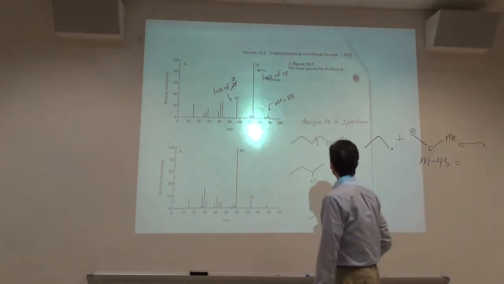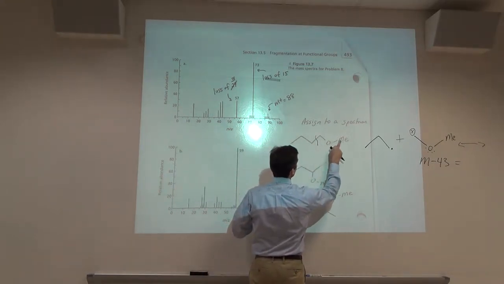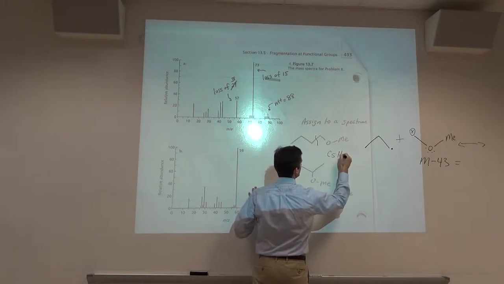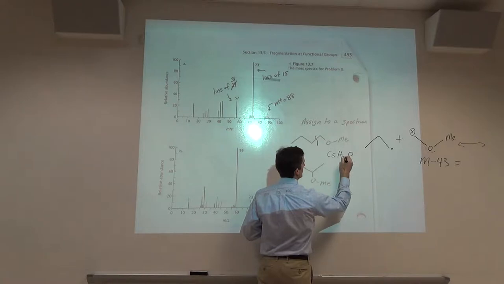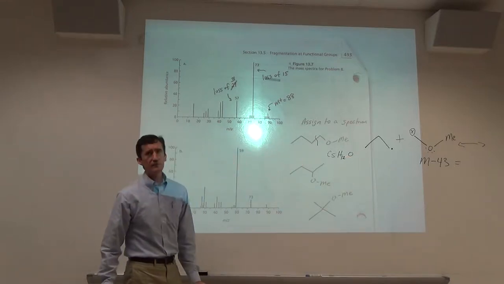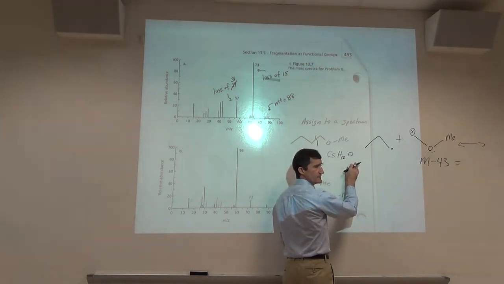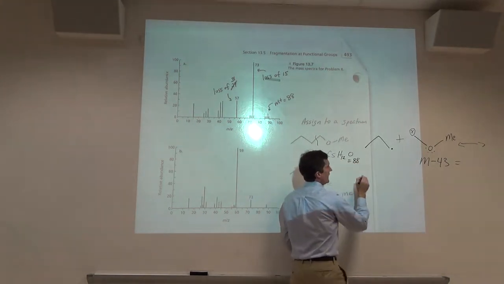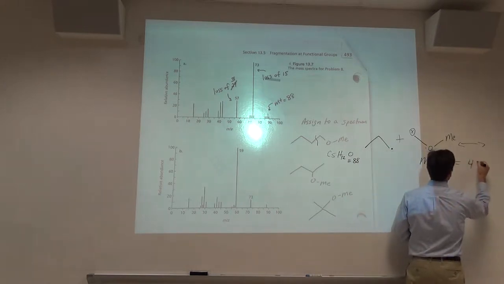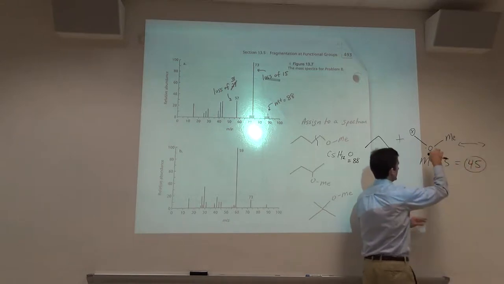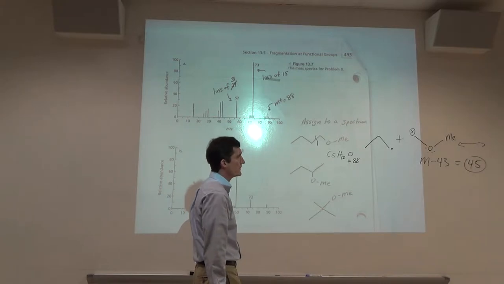What's the molecular weight of this molecule? 1, 2, 3, 4, 5, C5, H8 something O. It's all saturated, so this should be H12. 5 times 12 is 60, 72, 16, 88. M minus 43, 88 minus 43 is what? 45? Yes. So we expect a peak at 45 for that compound.